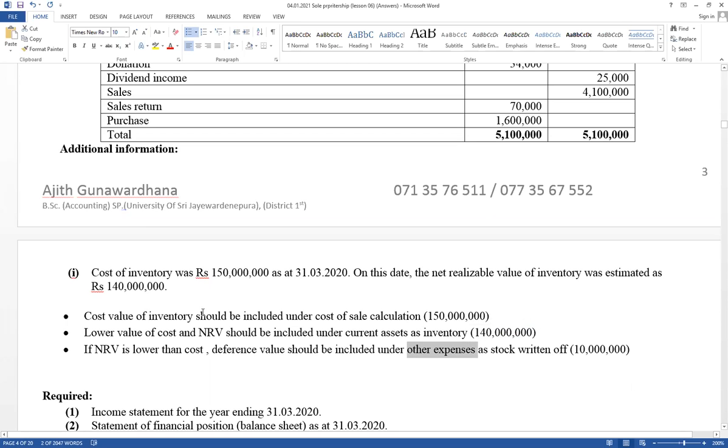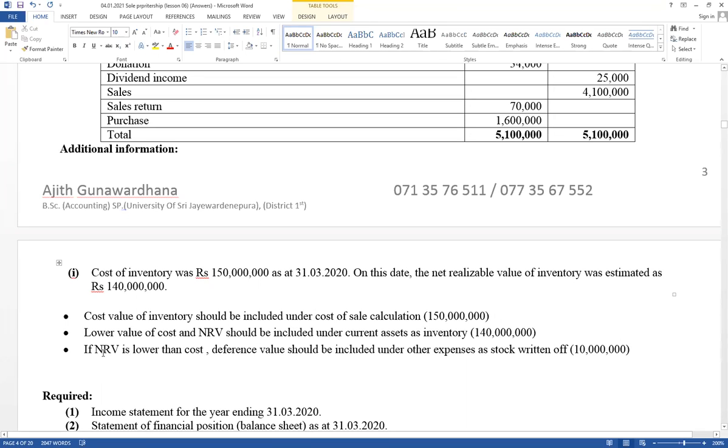This is the theory. Think about cost value is given 150,000. Net realizable value equal 140,000. Definitely cost value should be included under cost of sales calculation. This one very important theory, keep in mind. And lower value of cost and net realizable value should be included under current assets.